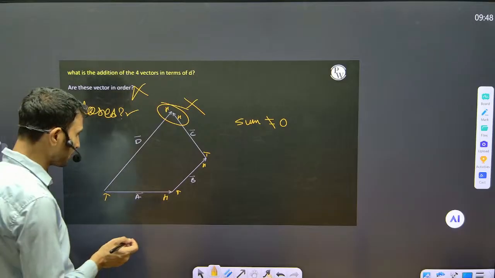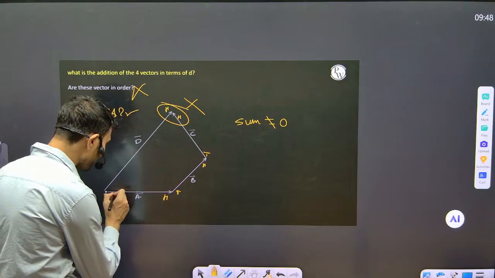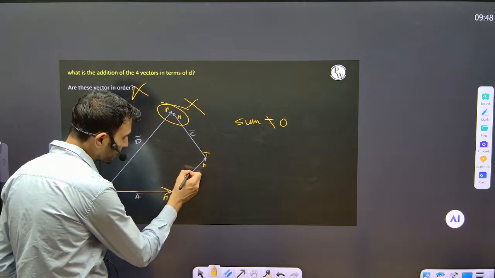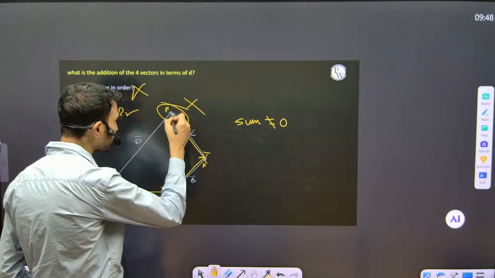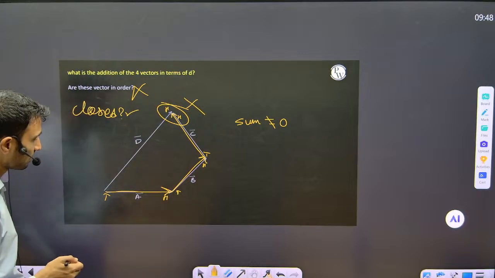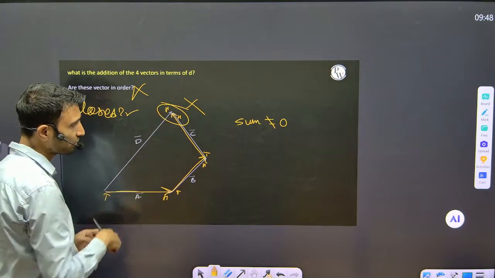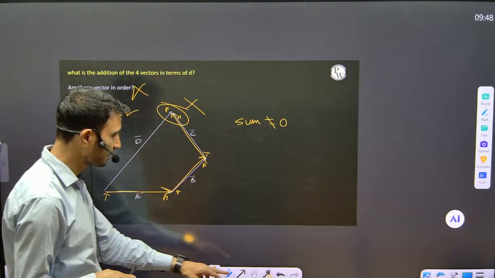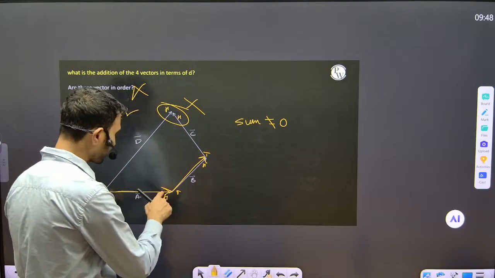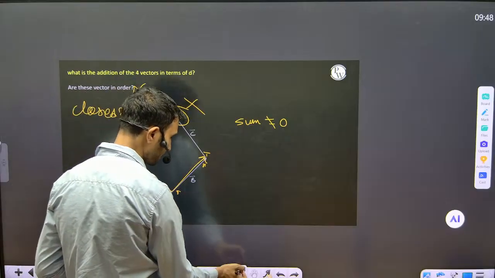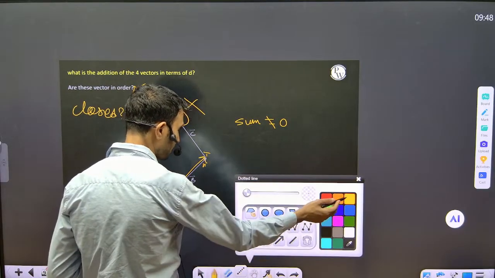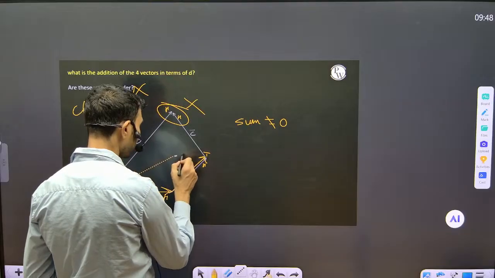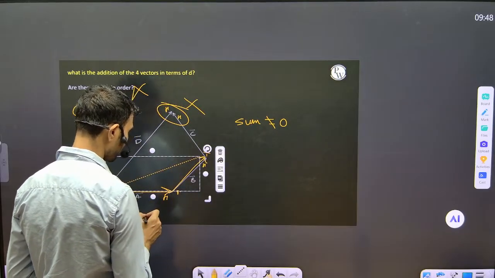For that, see guys, what is this vector plus this vector plus this vector? It will be nothing but this direct vector joined from here to here. Or if you don't understand that, at least you can see that this vector plus this vector will be this vector.